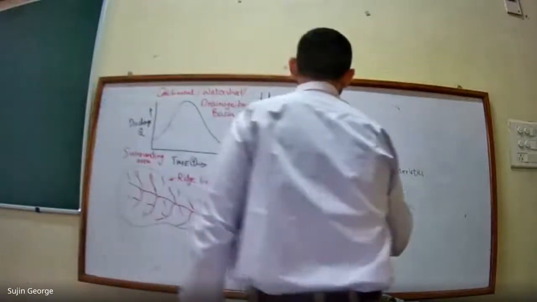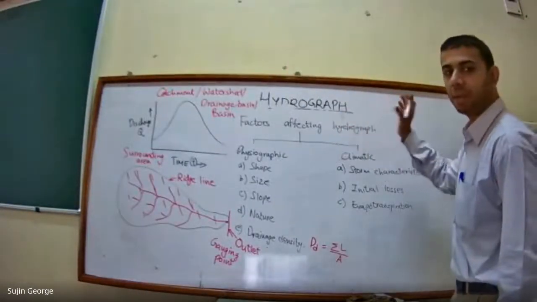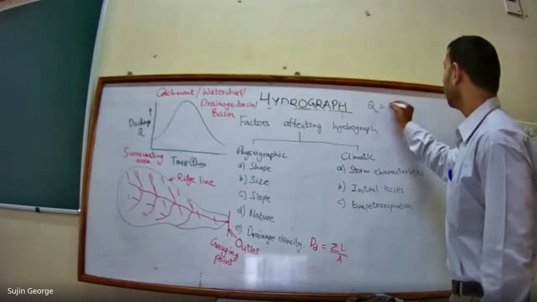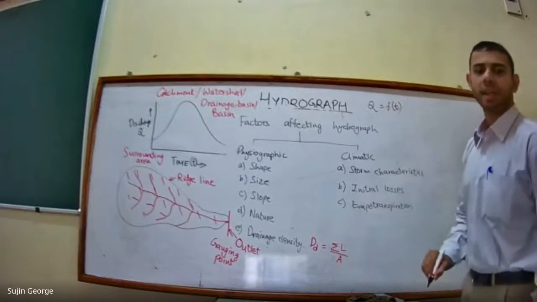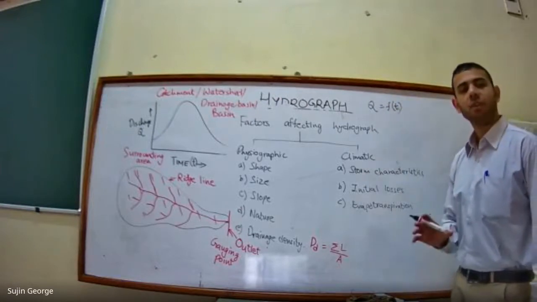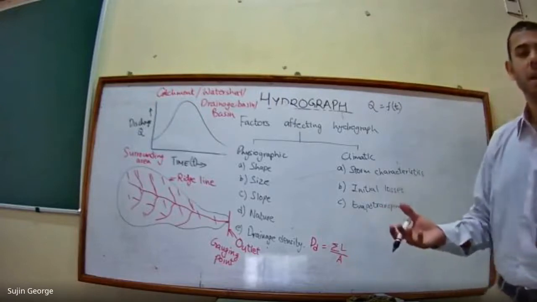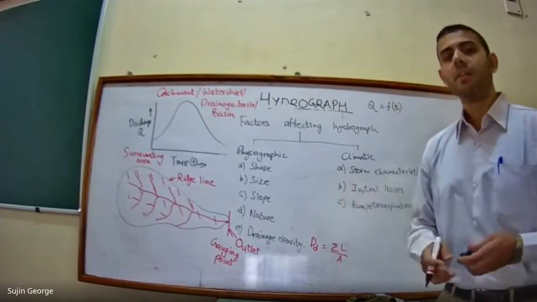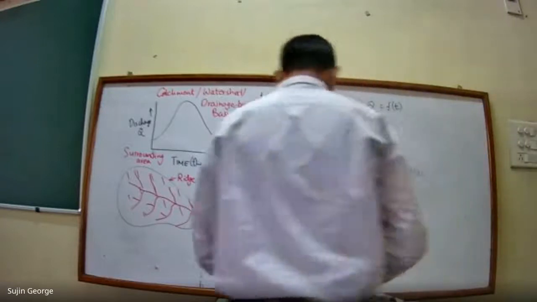So with a hydrograph you can find out the maximum discharge. The discharge is always a function of time. Fine? So these are the factors which affect the hydrograph.